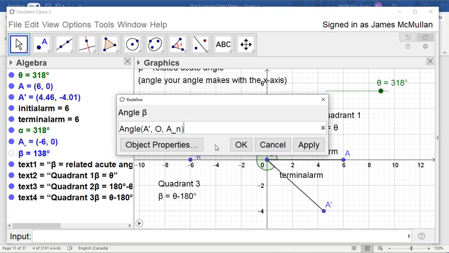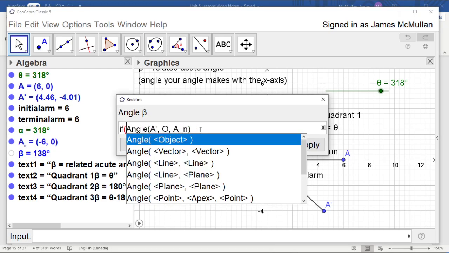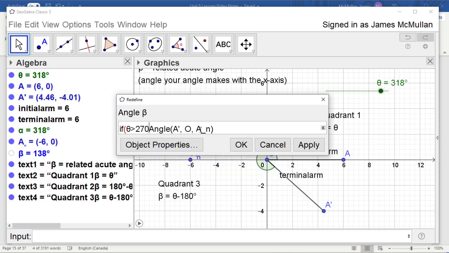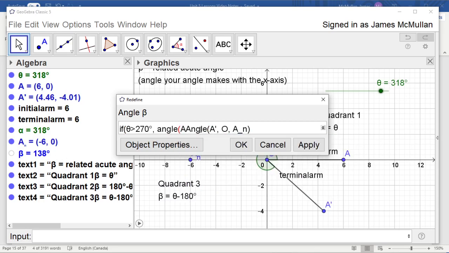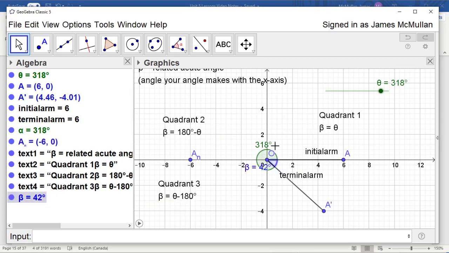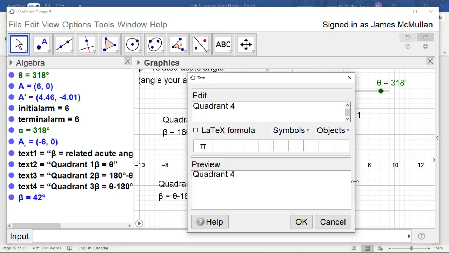So there's beta in quadrant 4. You can think in quadrant 4, beta is whatever I would need to finish the circle and get to 360. So in quadrant 4, beta is equal to 360 degrees, take away theta.